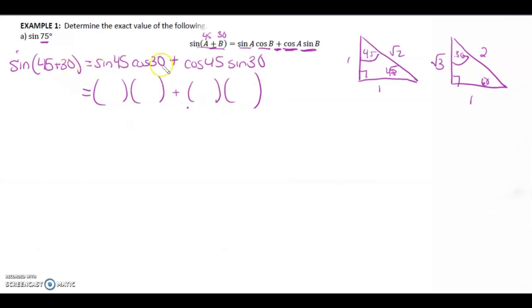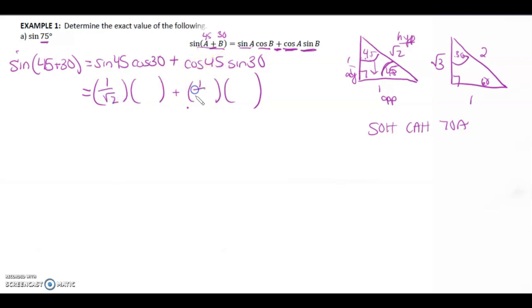Sine of 45 and cos of 45 are the same, because in a 45-45 triangle the opposite and the adjacent are the same, and the hypotenuse always matches. So sine of 45, just don't forget SOHCAHTOA, is 1 over root 2.